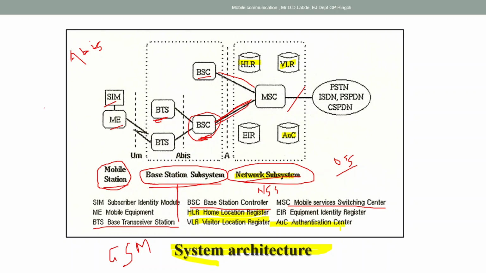The HLR is a database containing the subscriber information and location information of each user who is staying in the same city or MSC. If the subscriber is in the same city for a long duration, then his information is in the HLR.